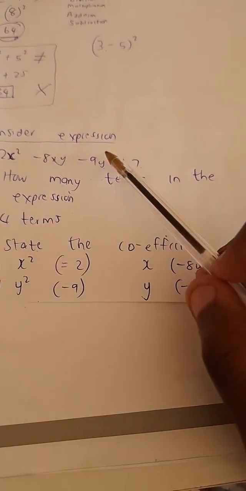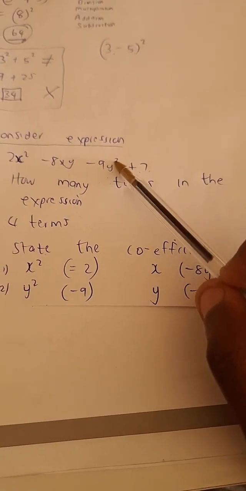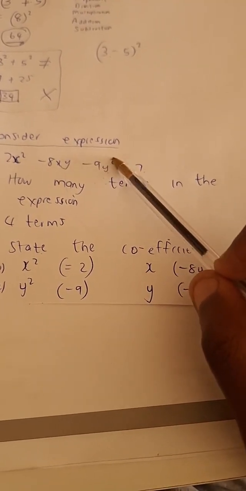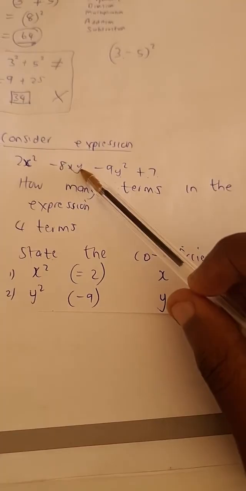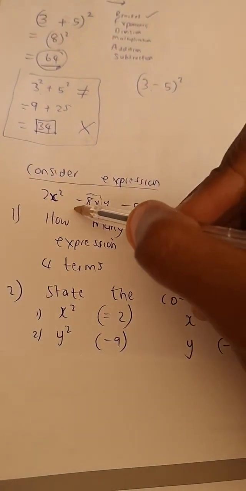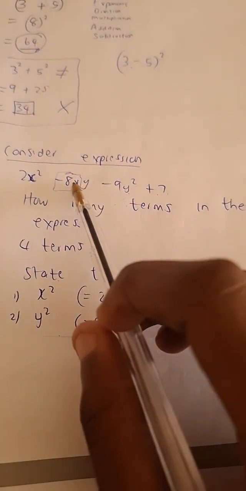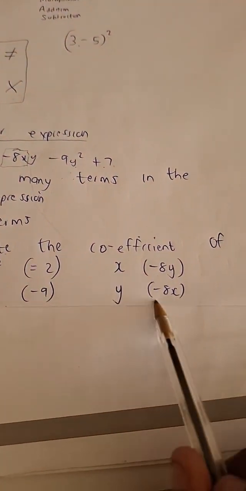Our eyes don't even go in this direction. We don't even consider this one. This is not y. This is y squared. Okay, this here is y. The coefficient of y is negative 8x. What is multiplied to the y is negative 8x. So we write the entire thing. Right.